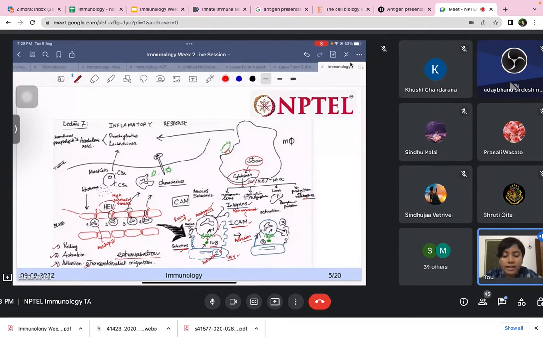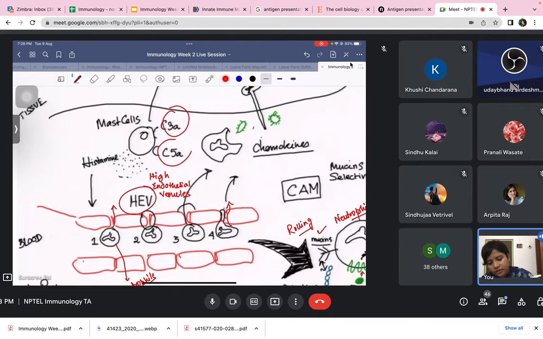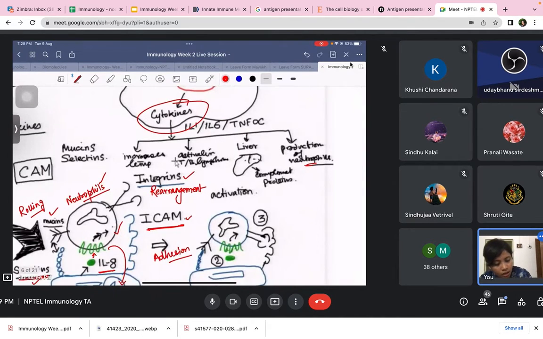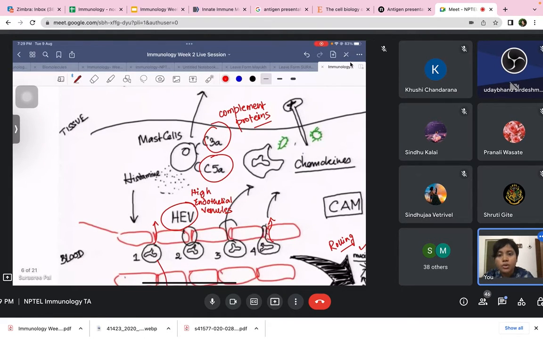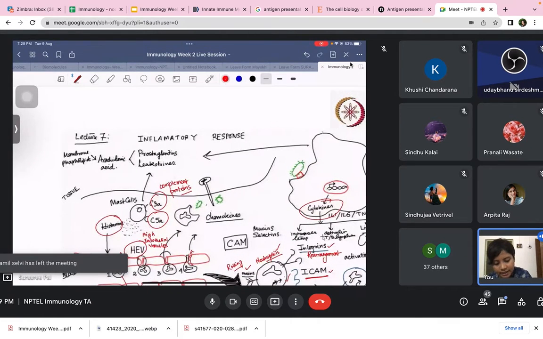Okay, and one more thing that I was telling you previously, that mast cells become activated by the interaction of several complement proteins, like C3a and C5a. These complement proteins are also produced by the activation of different cytokines, right? When these complement proteins bind to the mast cell, it releases several granules, and these granules are usually inflammatory molecules like histamine, prostaglandins, leukotrienes, right?